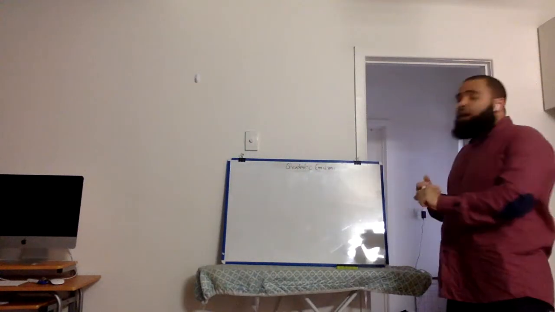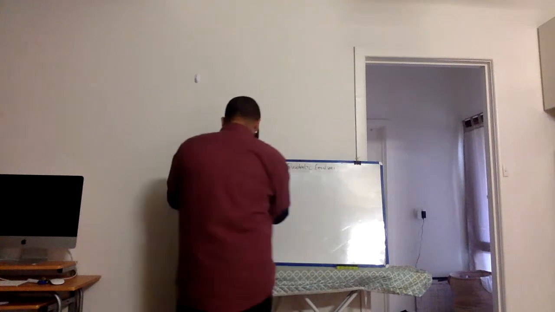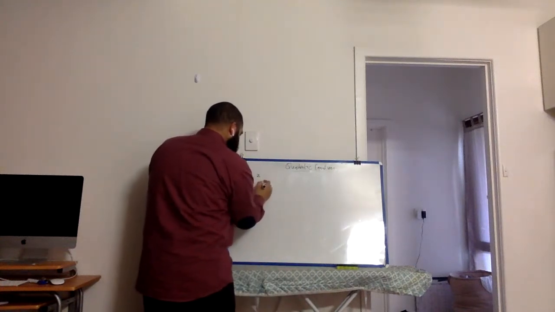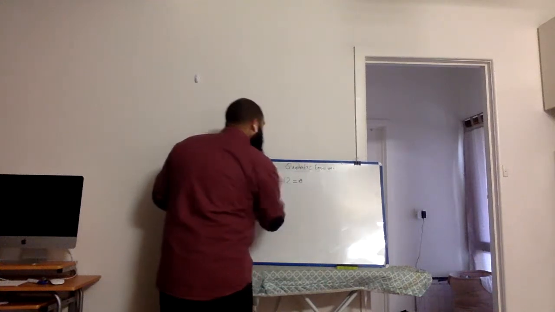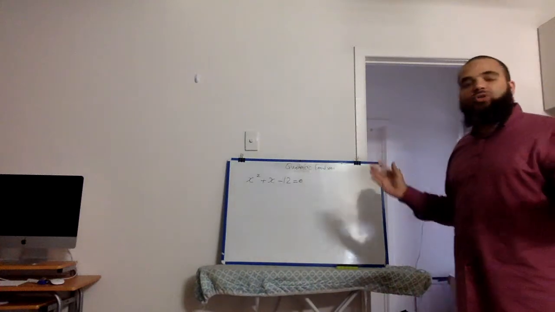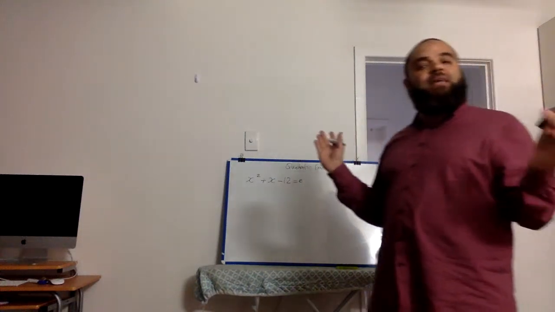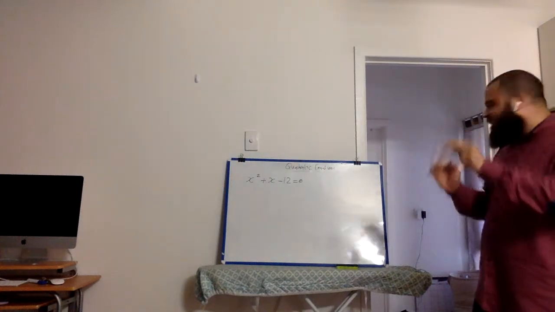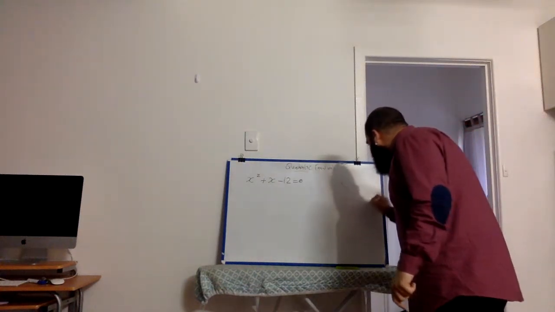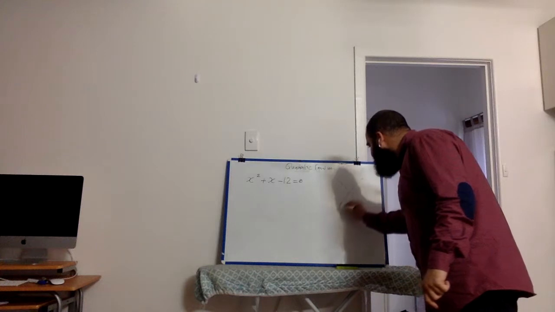Perfect. We have x squared plus x minus 12 equals 0. How did I get the two factorized brackets that I presented before? We make something like the scissors, like this.